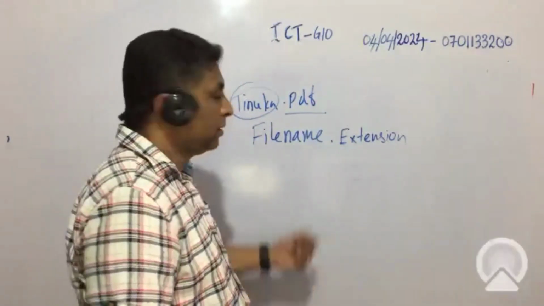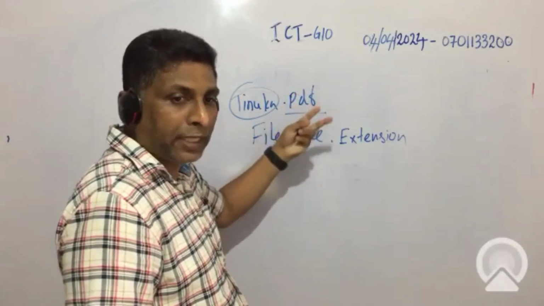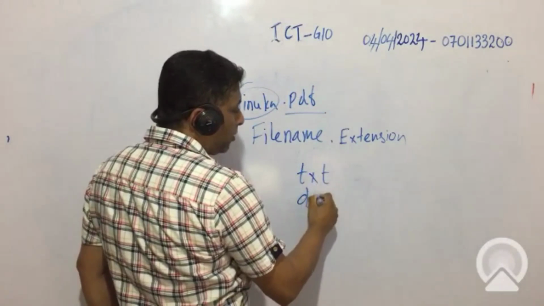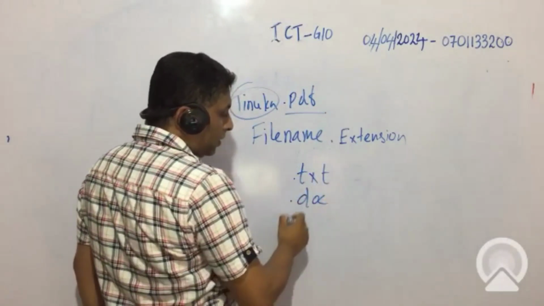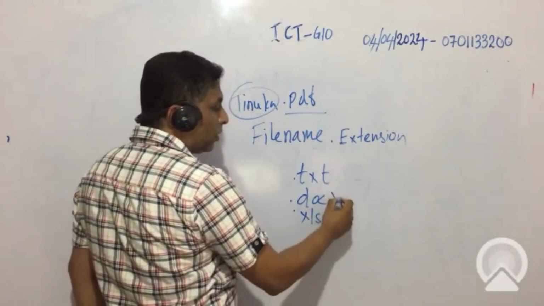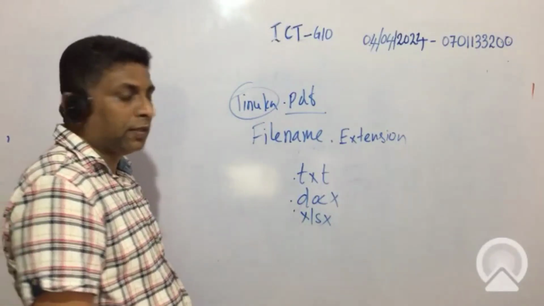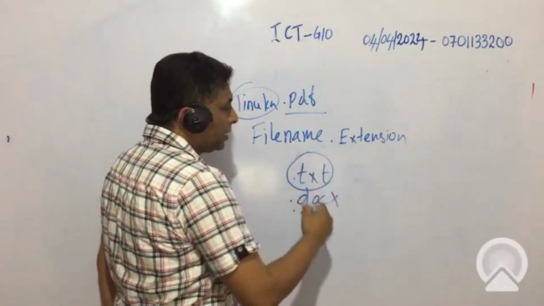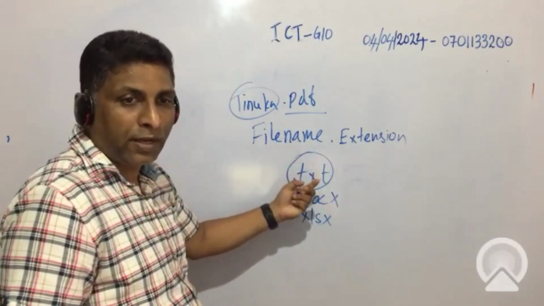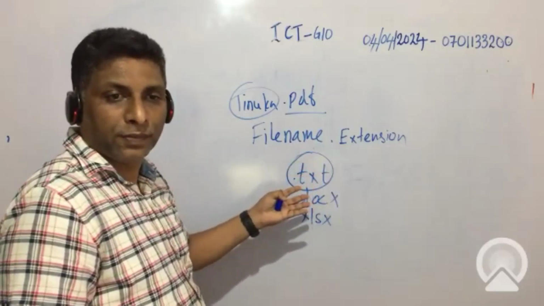It says this is a PDF file, or maybe a text file, .txt, or a document file, .doc, maybe an Excel file, .docx also, right? There are hundreds of file types. According to the extension, you will come to know the type of the file and which software we can use to open this file.